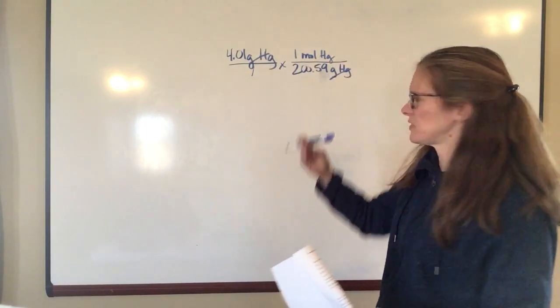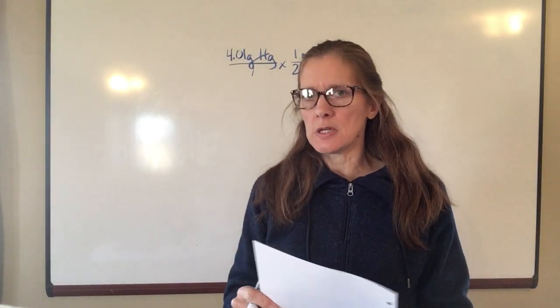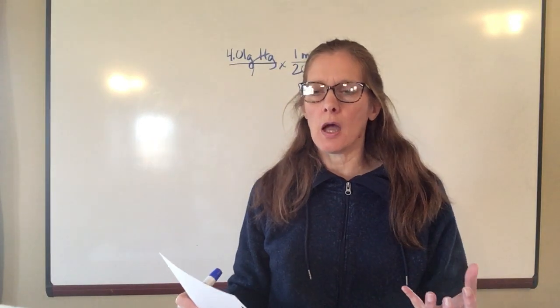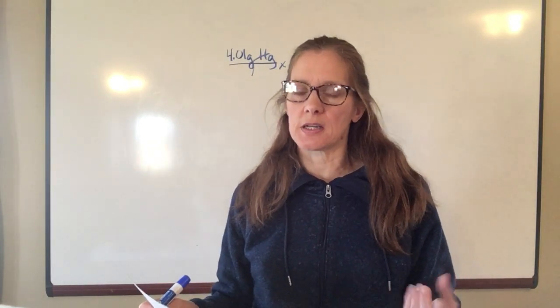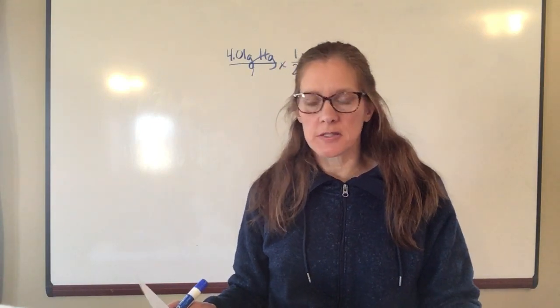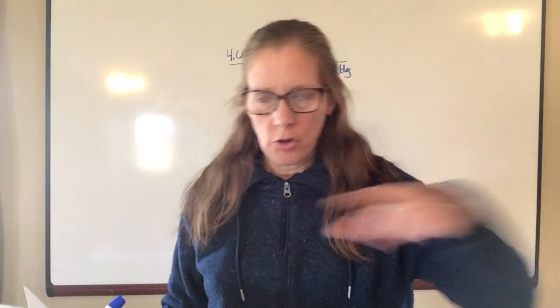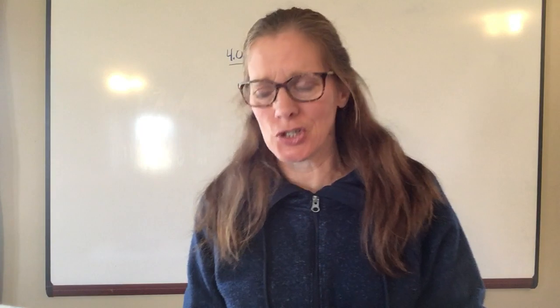You can see that this molar mass is very, very heavy, and I don't know if you've ever had an opportunity to see mercury. Mercury is actually very toxic. When I was in high school, we didn't realize how toxic it was at this point, and we actually would have these little balls of mercury and we'd roll them around on the table and play with them, and now we realize that really wasn't such a smart thing to do.